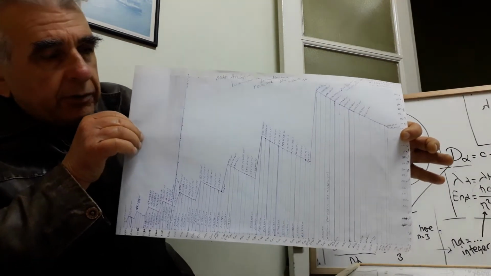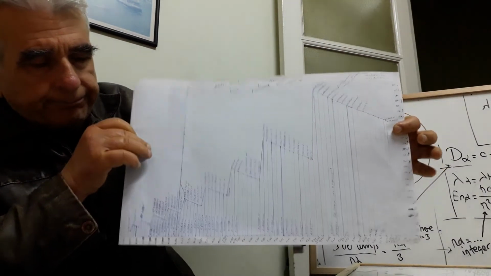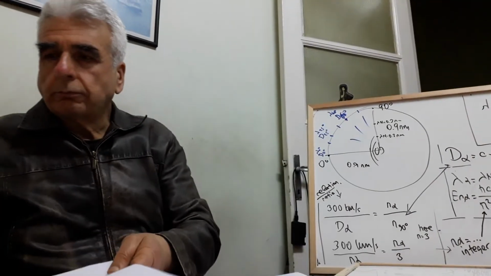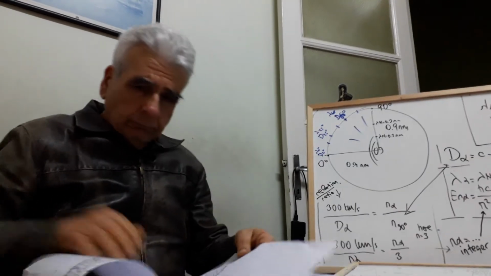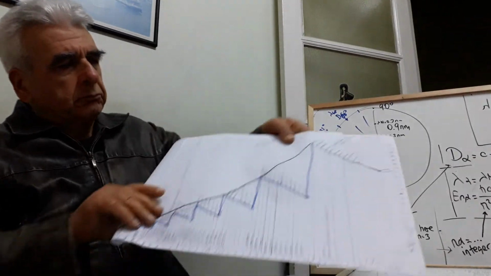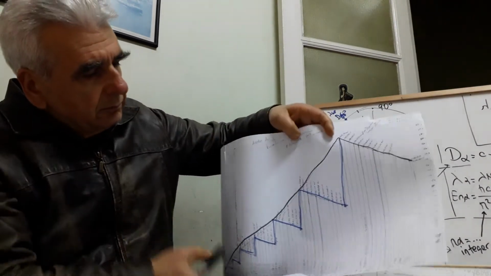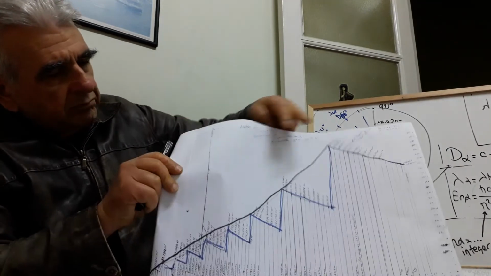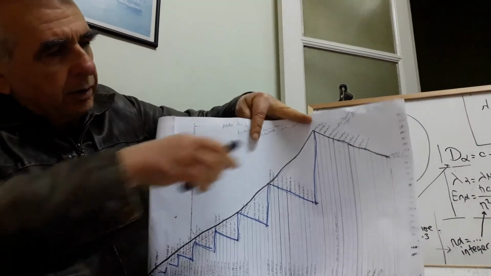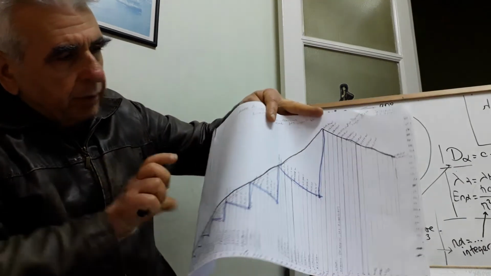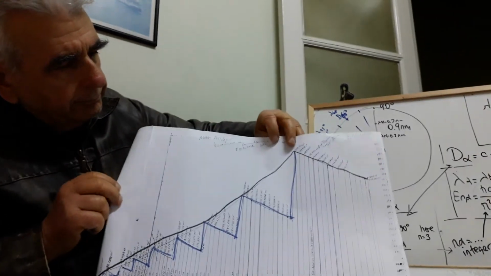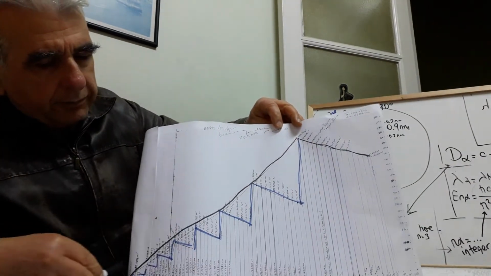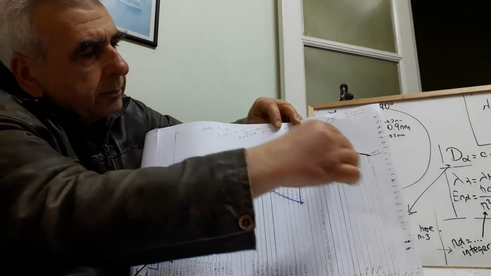Blackbody radiation's real graph is that. Then if we connect all the hills of points, this is roughly the blackbody radiation graph.